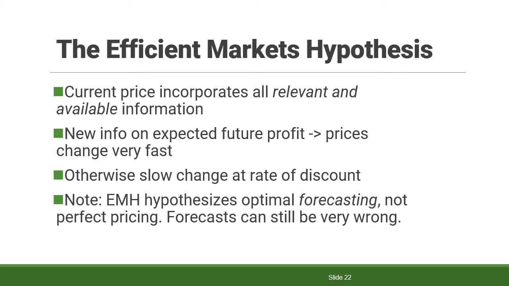Second, new information on expected future profits are reflected in the prices, and prices change very fast. No? So the assumption here, excuse me, is that as new information comes in, prices rapidly adjust relative to that new information. Third, otherwise slow change at the rate of discount.